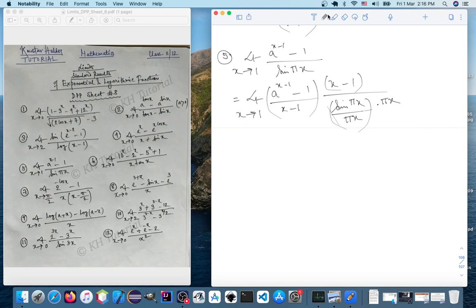So over here, let x minus 1 be t, which implies t tending to 0 as x tending to 1.